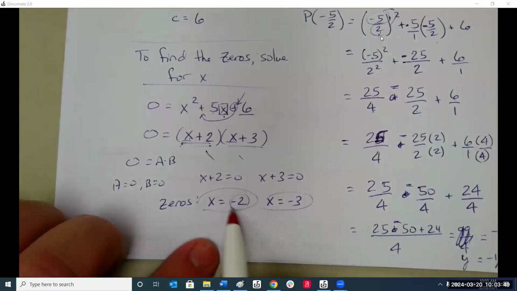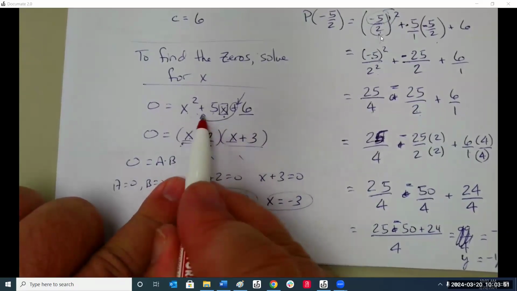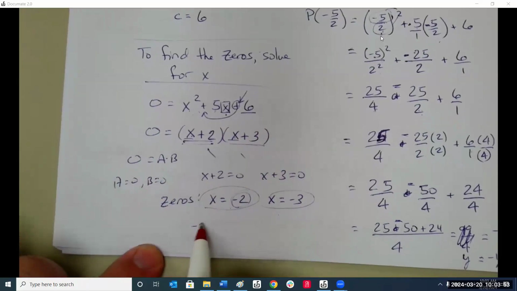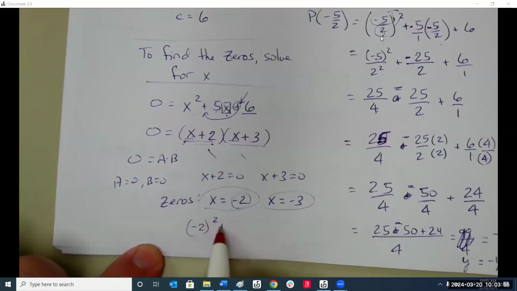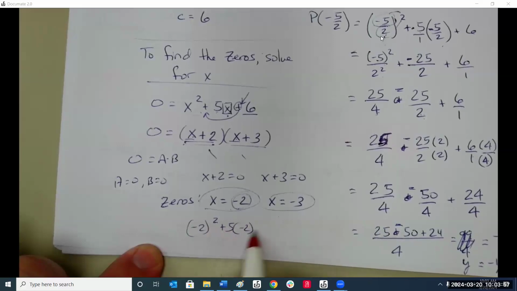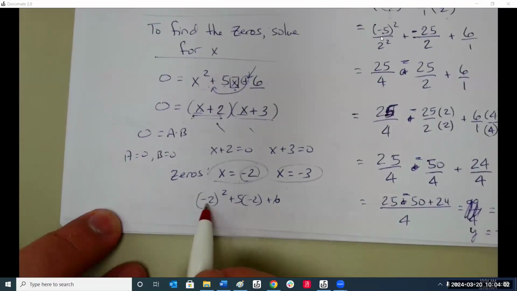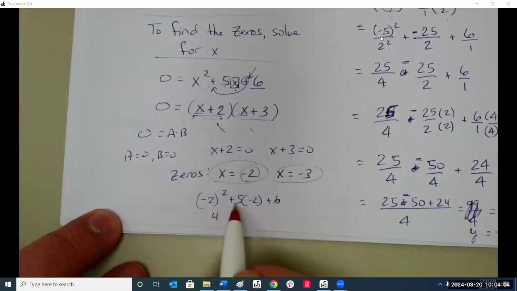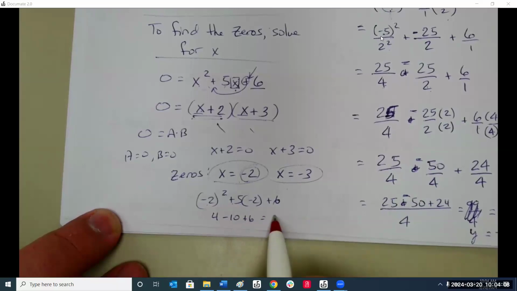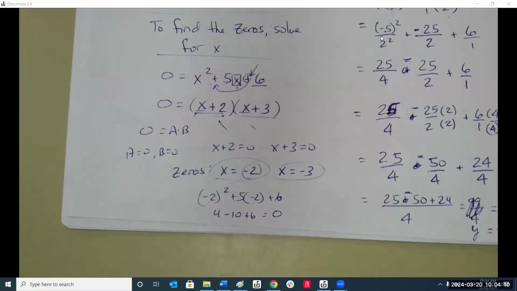If I take this number and plug it inside here, it goes to 0. Negative 2 squared is 4. 5 times negative 2 is negative 10, plus 6. That equals 0. It's called a 0 because if I plug it in the equation, it gives me a 0.